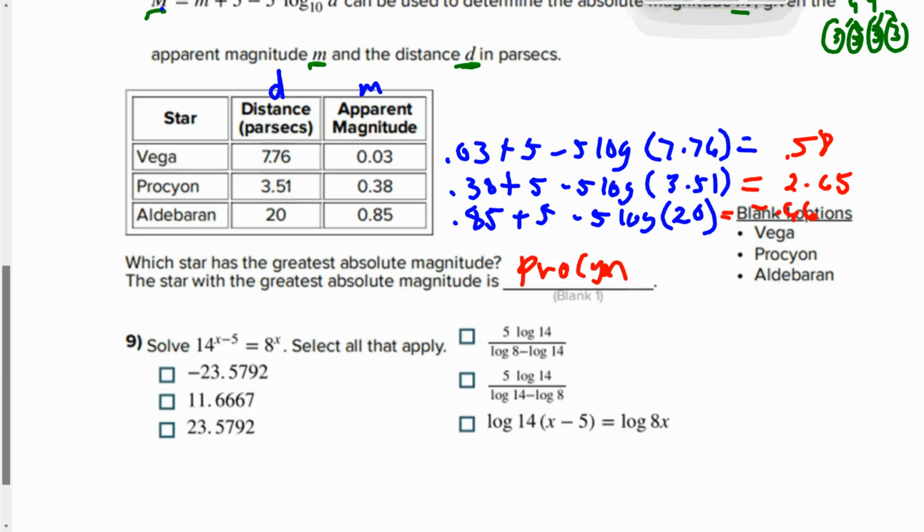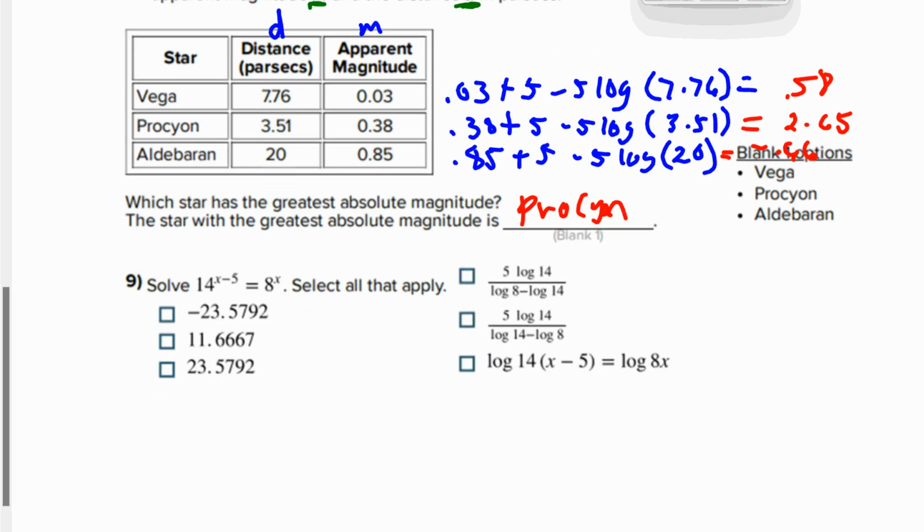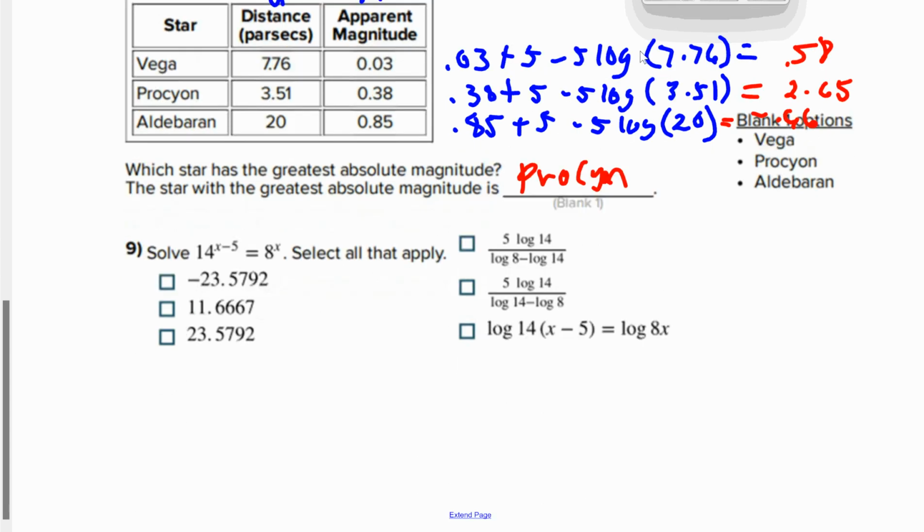All right, solving. Remember, we normally try to get the same base, like that one problem we did earlier. Well, this one, what I want to do is take the log of both sides. So I take the log of this side and the log of this side. It looks like log of 14, and 14 is being raised to x minus 5.